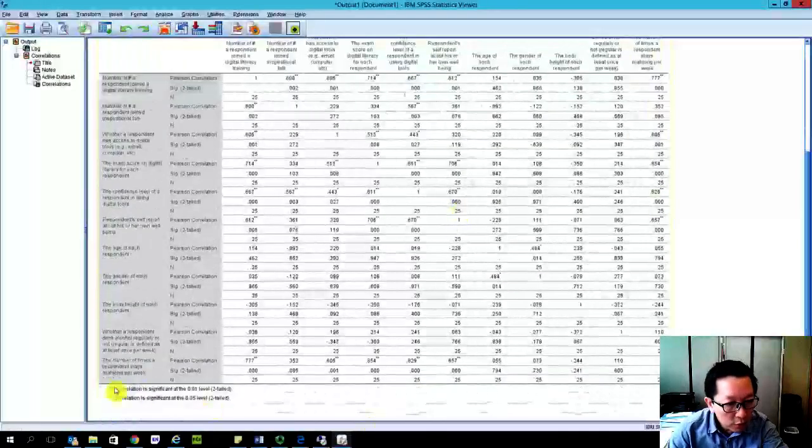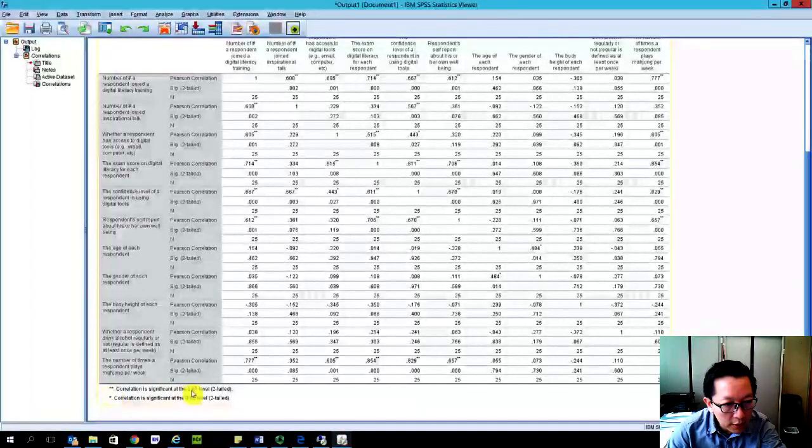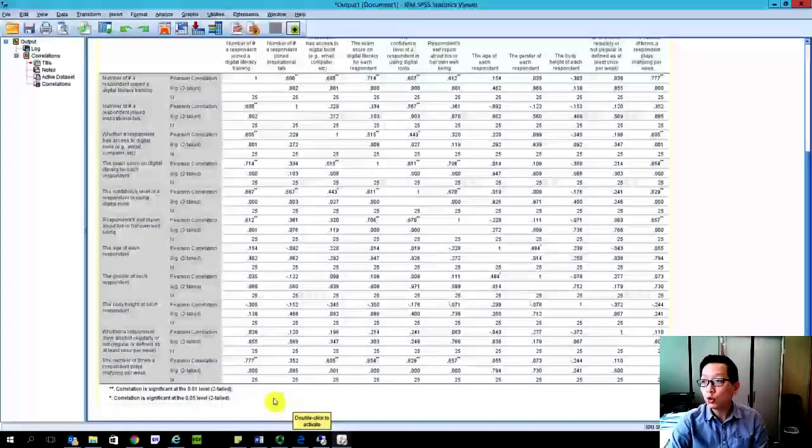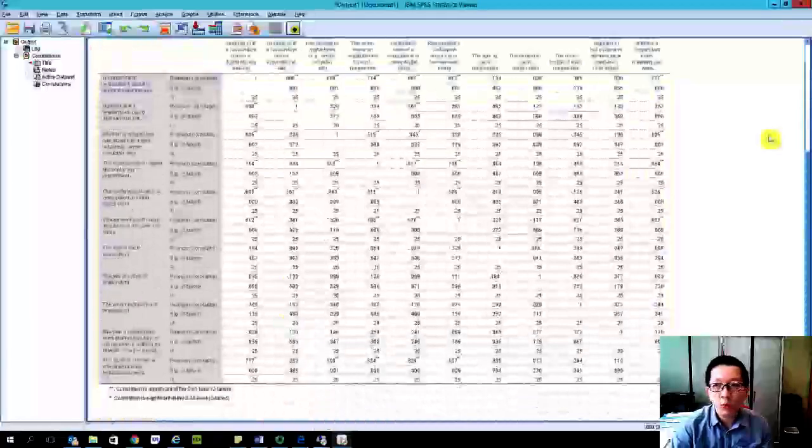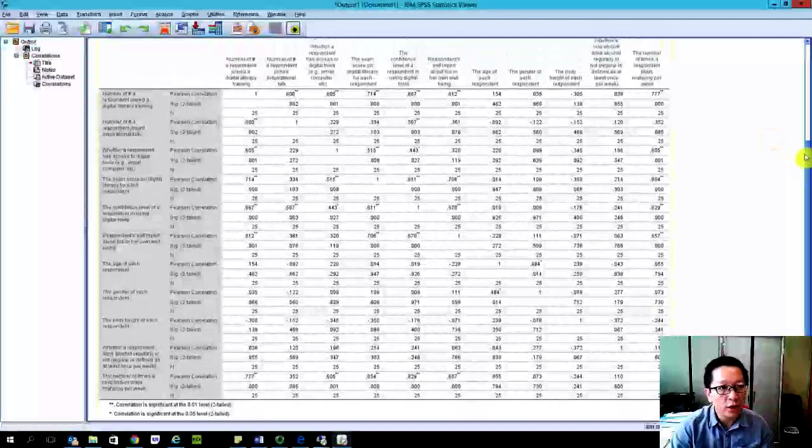Two stars is significance at 0.01, one star is significance at 0.05. Which one would you go for? I would go for the smaller significance level, the smaller p-value, which is 0.01, which is 2 stars. Now, can you identify which variables correlate with which other variables with 2 stars?